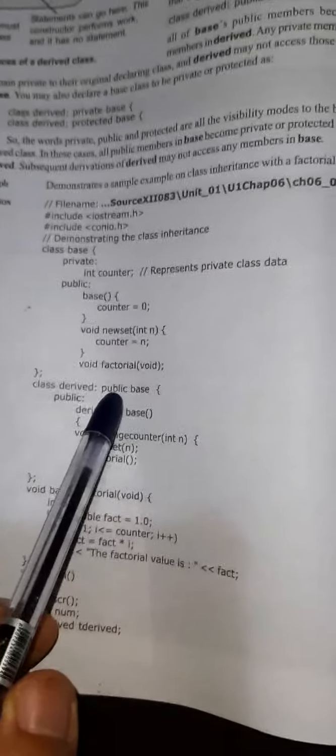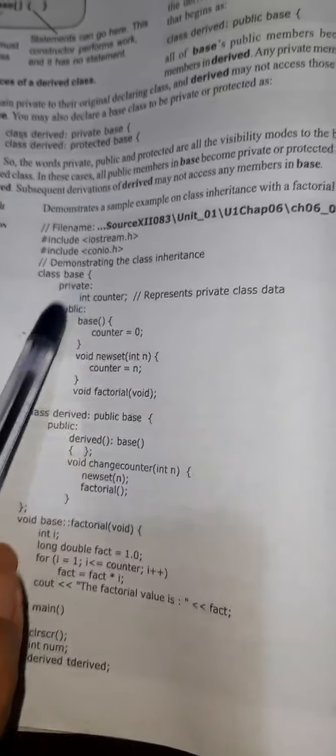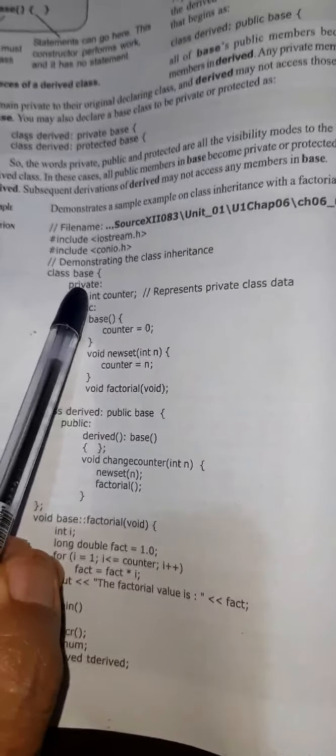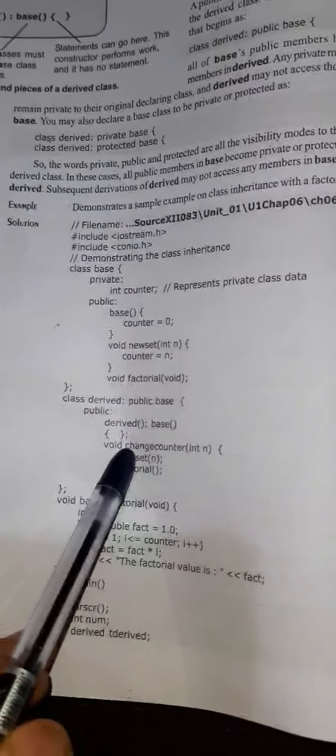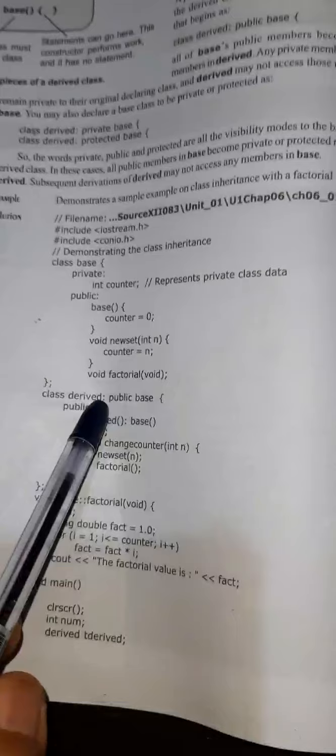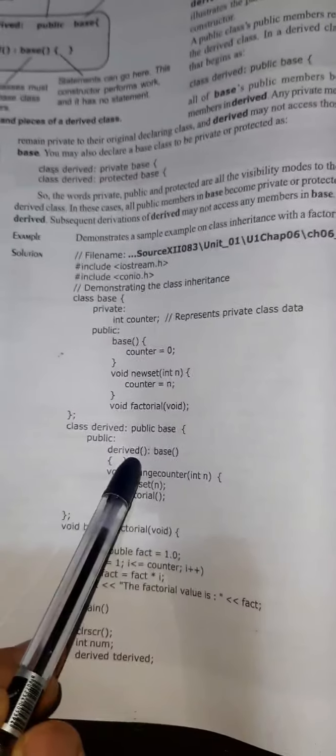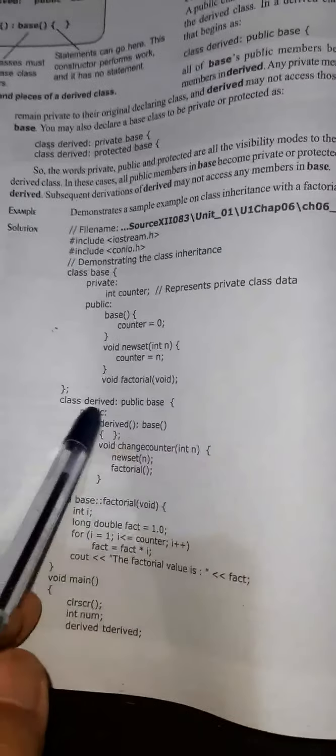Since it is public, it is able to access all the members of the base class, except private. The private data members or private member functions cannot be inherited by the derived class. If it is public, it will be passed on as public, provided the derived class needs it.